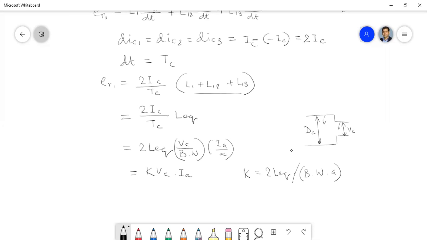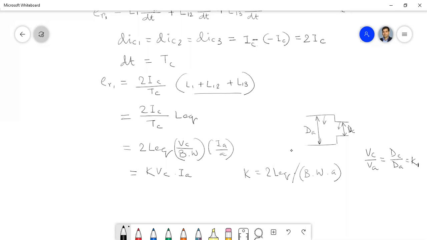But whatever it is, this is DC, so that will be proportional. So we can write VC by VA is DC by DA, and that is a constant for any machine.